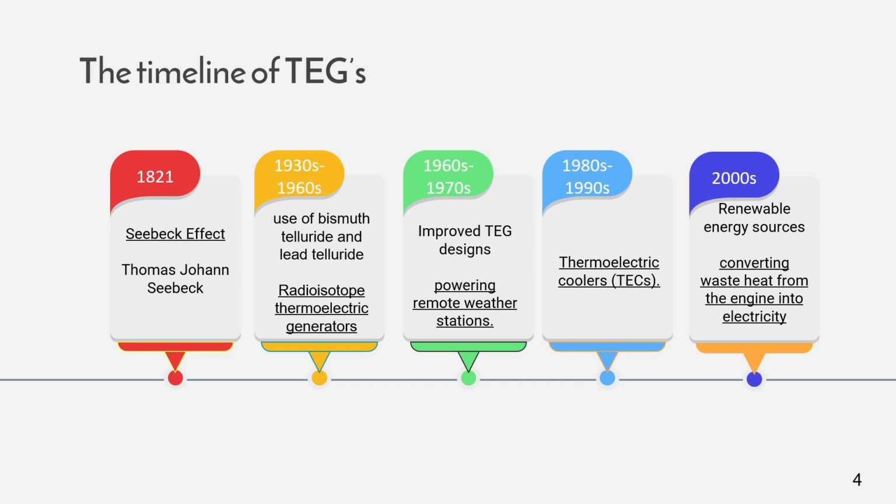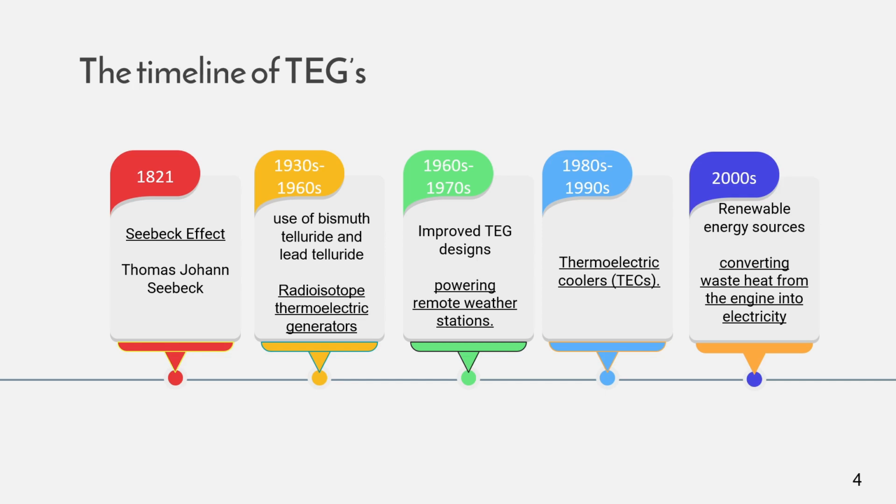In these applications, the TEGs are used for converting the heat energy radiated by radioactive elements directly into electricity. By the 1960s to 1970s, some improved TEG designs were suggested, and they found application in powering remote weather stations. And by the 1980s to 1990s, thermoelectric coolers or TECs came into existence.